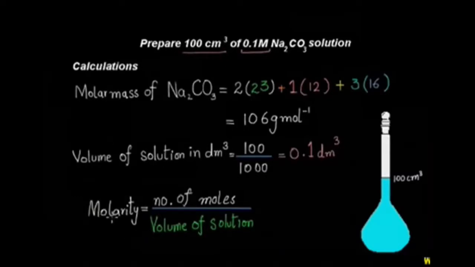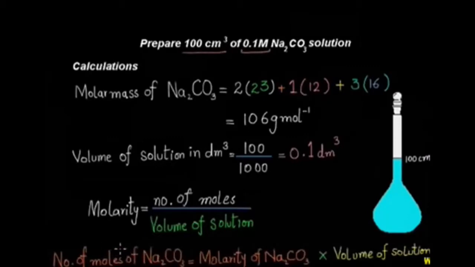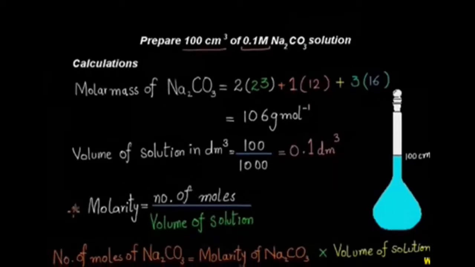This is the general formula, but the substance here is sodium carbonate, so I'll write number of moles of sodium carbonate, which I get by rearranging the upper formula. Number of moles of sodium carbonate is equal to molarity of sodium carbonate multiplied by volume of solution.